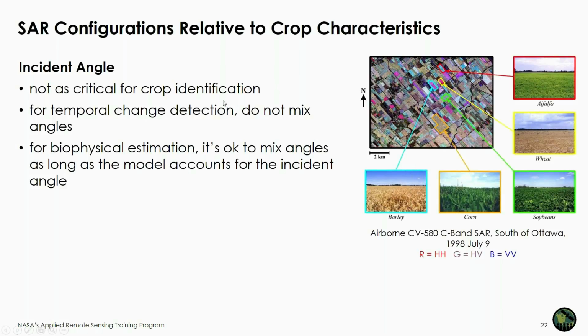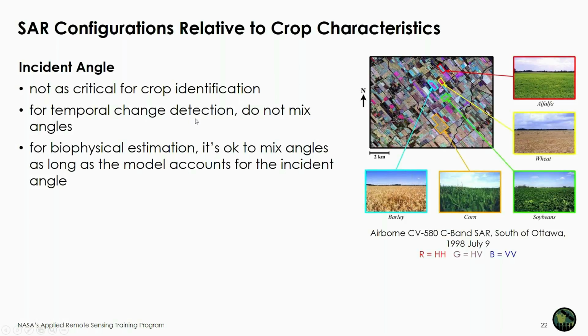When we're looking at the third factor, which is incidence angle, it tends to be less of a critical parameter in terms of what is the best incidence angle. It tends to be less critical for crop classification. Here at Agriculture Canada, we use a variety of different incidence angles in our crop classification.